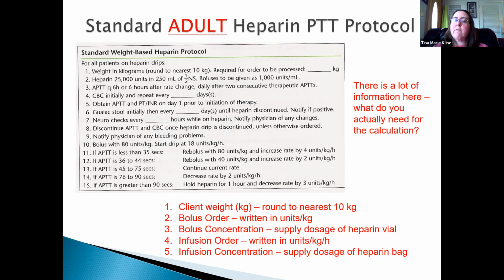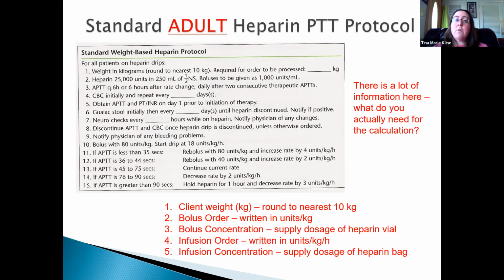If you're using the formula method, desired over have times quantity, that's your have and quantity. Okay, 25,000 in 250 and 1,000 in 1. It's very important because if you're doing a bolus problem and you put the wrong supply dose in there, you're going to get a totally goofy answer.